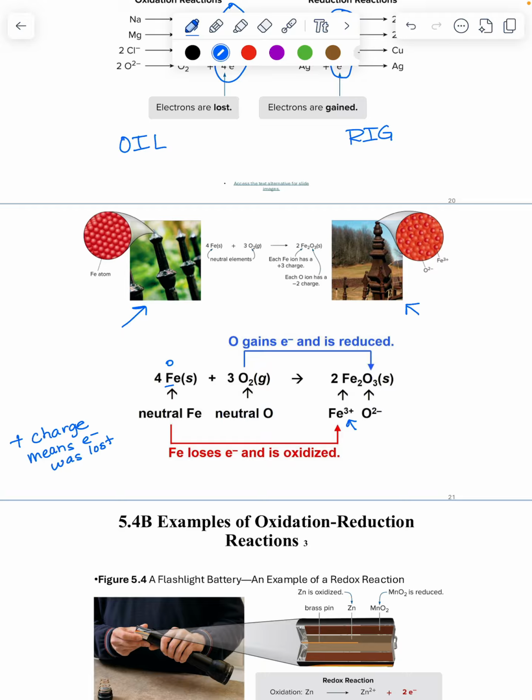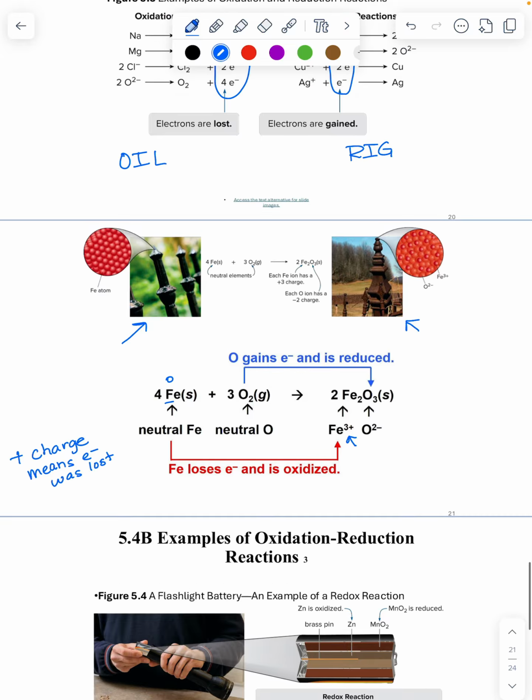And a negative charge for an ion means that it has gained electrons. It's a little counterintuitive, but if you keep in mind that electrons have a negative charge, that will help you understand the signs.